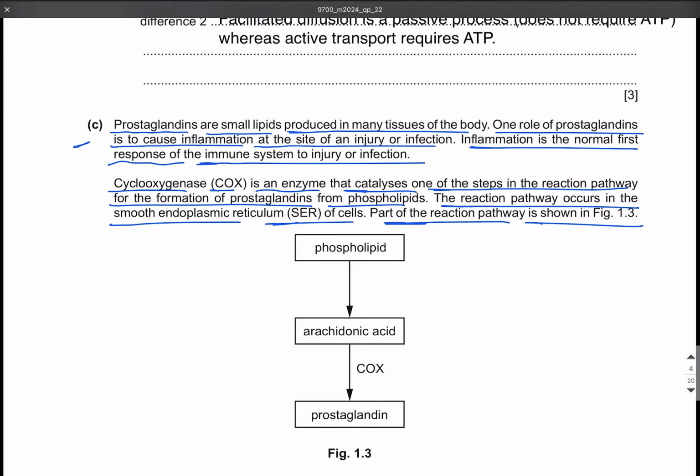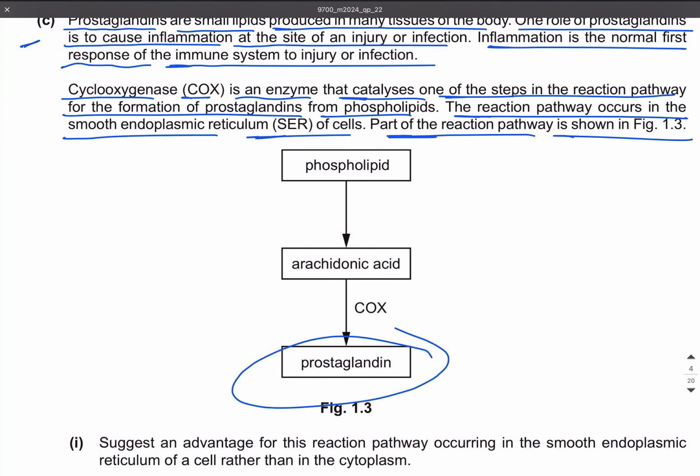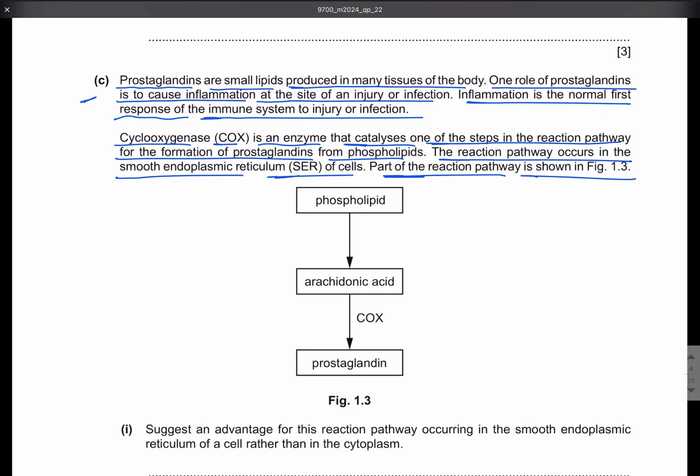So guys, in this part, they're saying that there are some molecules known as prostaglandins. These are lipids, and these are synthesized in the smooth endoplasmic reticulum from phospholipids by the action of COX. They are saying that prostaglandins cause inflammation at the site of the injury, and inflammation is basically the response of the immune system to the injury or infection.